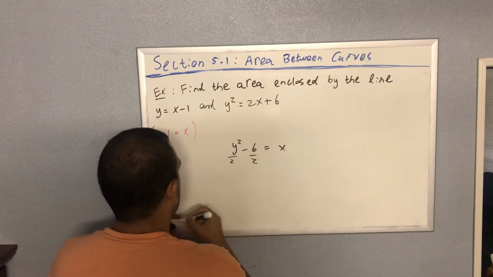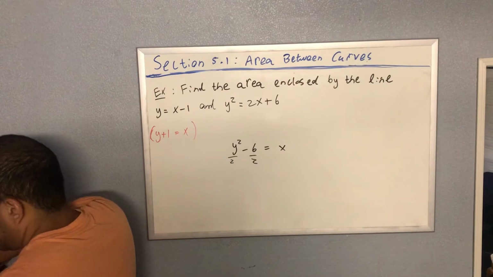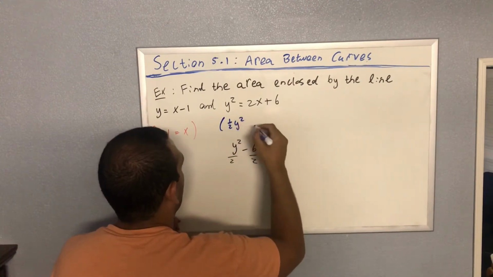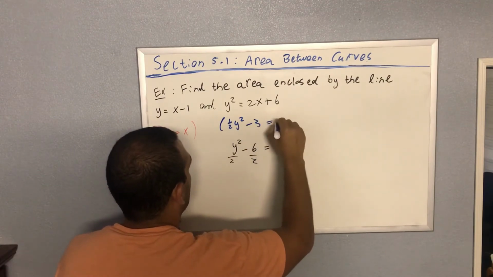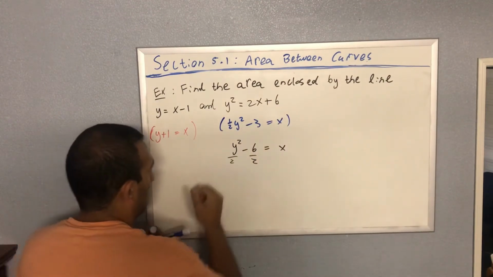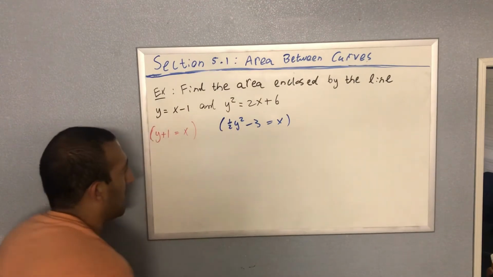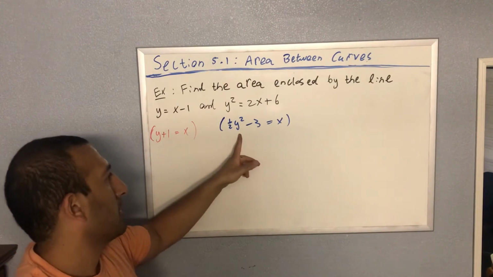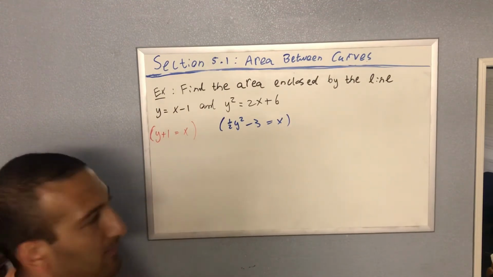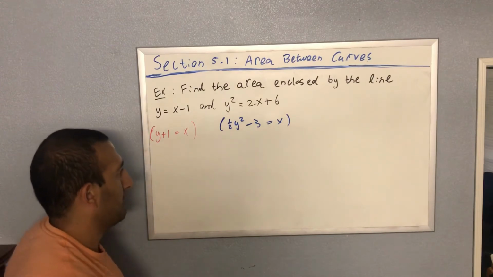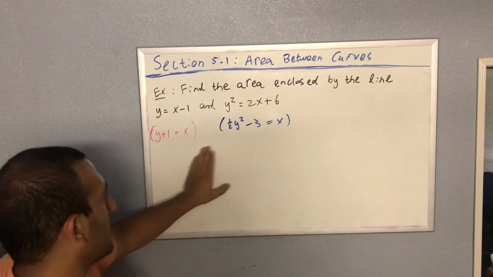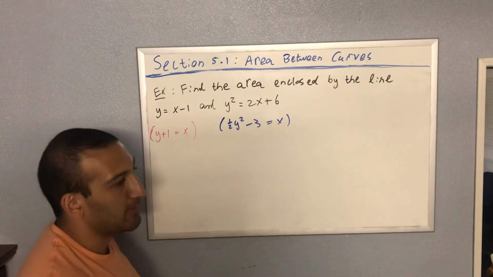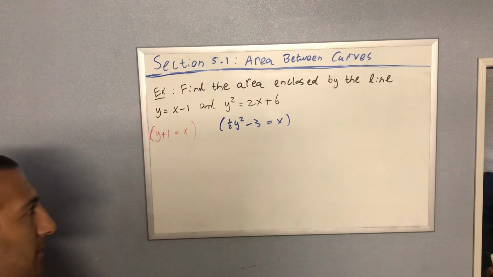So this is the same as 1/2 y squared minus 3 equals x. So now, again, if you hand me a y coordinate, you can give me the corresponding x value. They tell you the same curve, it's just more convenient in this case.